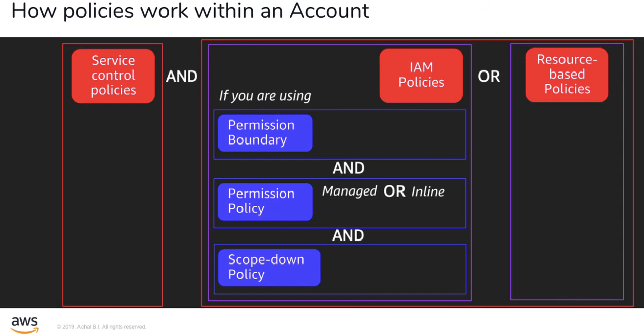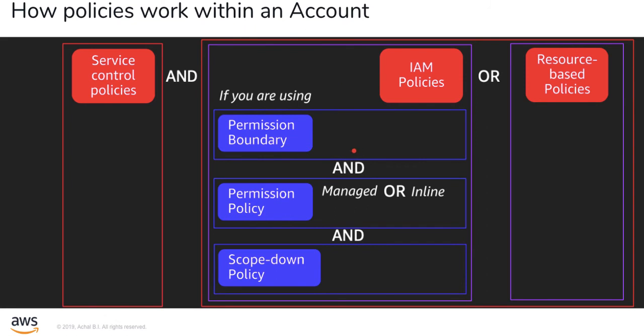There are also things like how policies work within an account and outside the account. There are service control policies, provided by AWS Organizations, and whenever a request comes in, it checks the service control policy. Then it comes to IAM, and it checks the IAM policies.